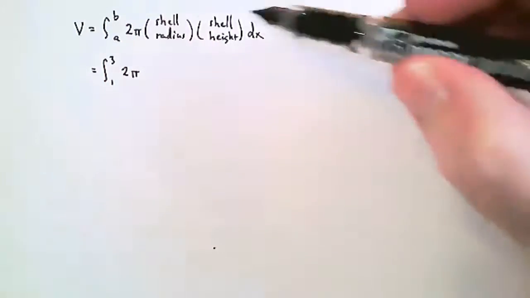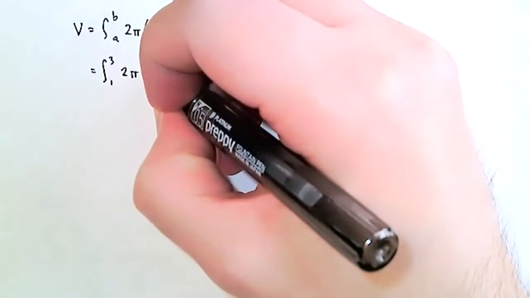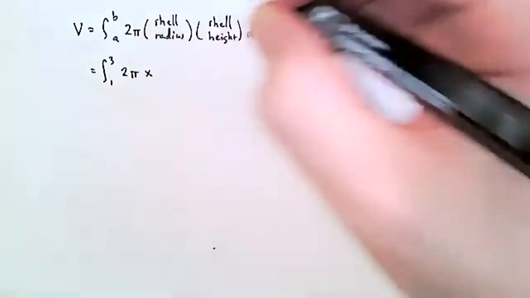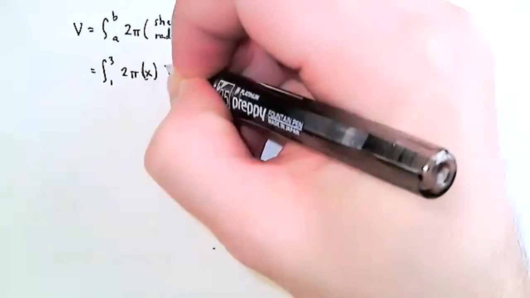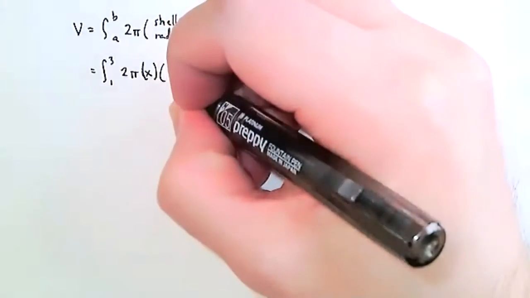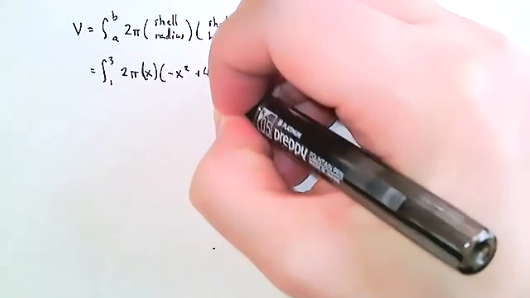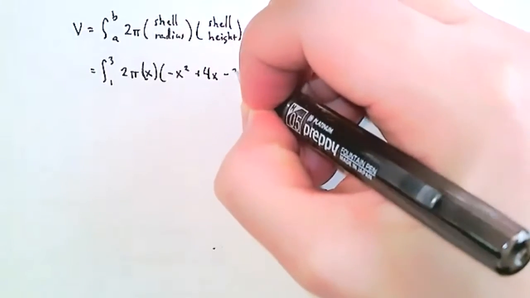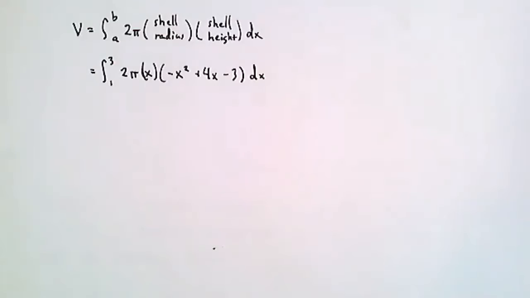And then 2 pi, the shell radius, we know to be x. Let's see, maybe I'll leave parentheses around that so that it looks the same. And then the shell height was the function minus x squared plus 4x minus 3. Okay.